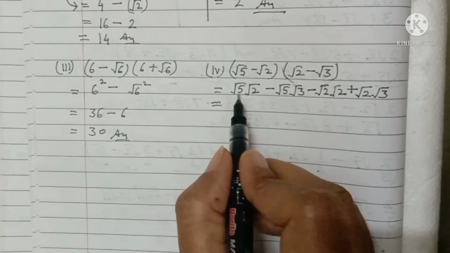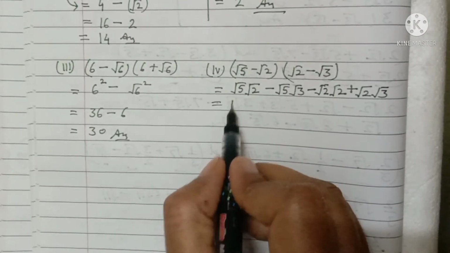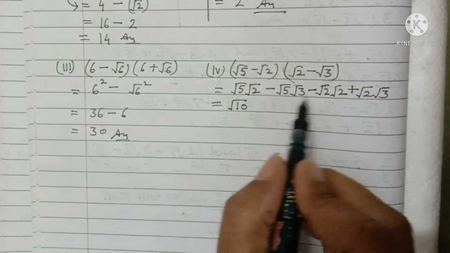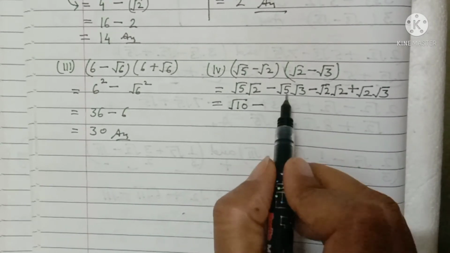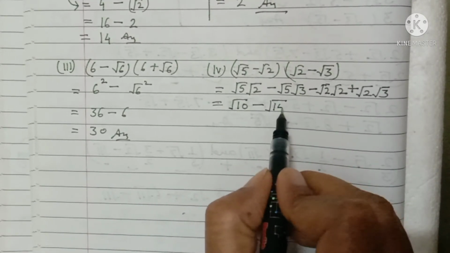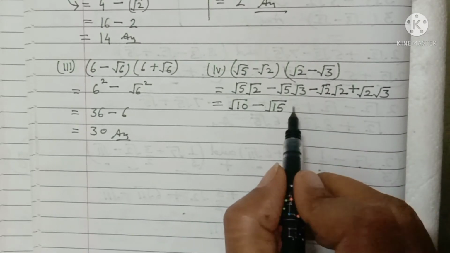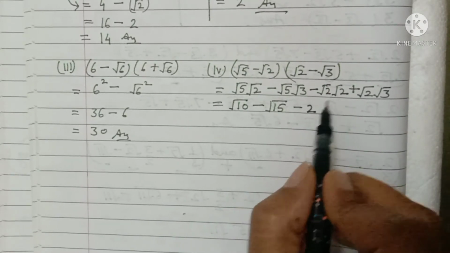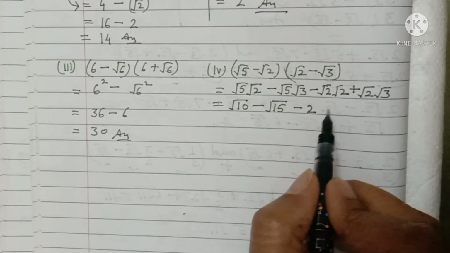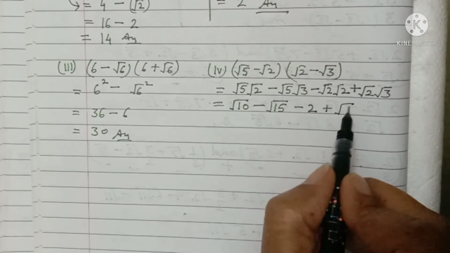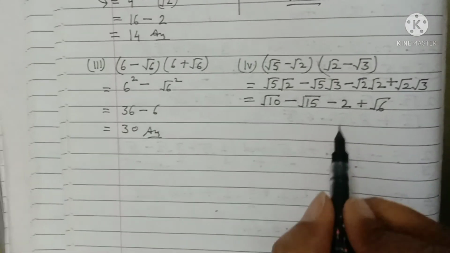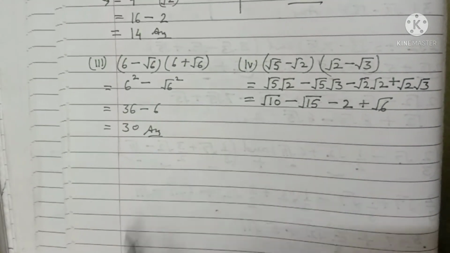So under root 5 into under root 2 you will get under root 10, and this becomes 5 3s are 15, under root 15. This becomes under root 2 into under root 2, so you will get only 2, and this is plus under root 6. Now this is the answer.